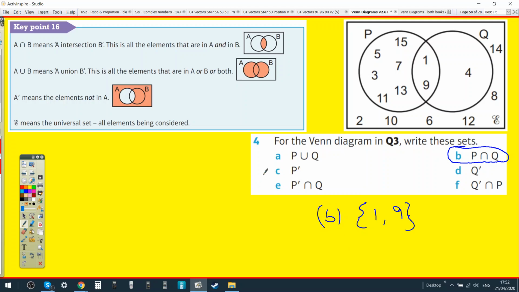How about question C? Any idea about that one? Yeah, anything else? Yes, so everything that is not in that one: 12, 6, 2, 10. And that's good.